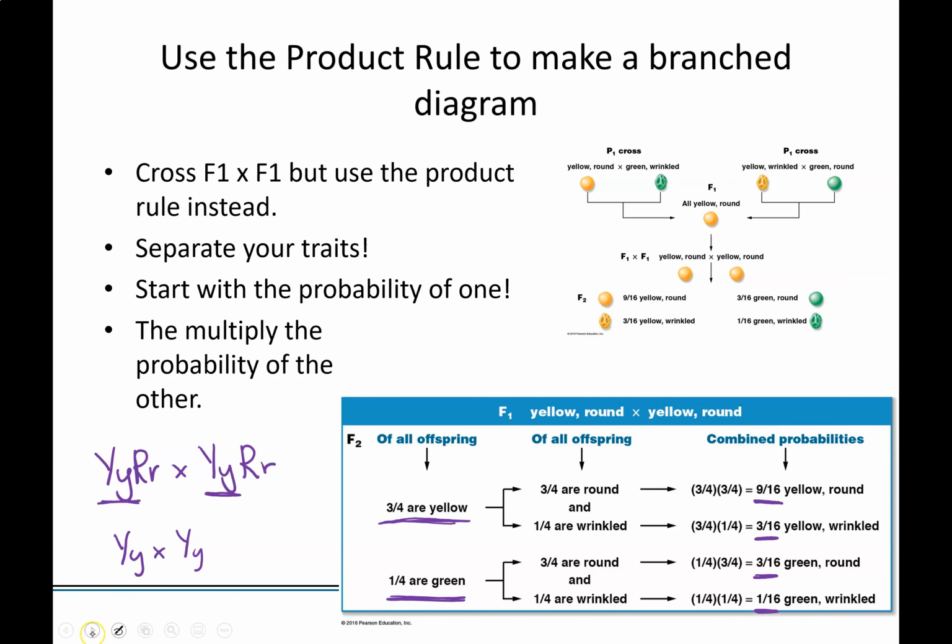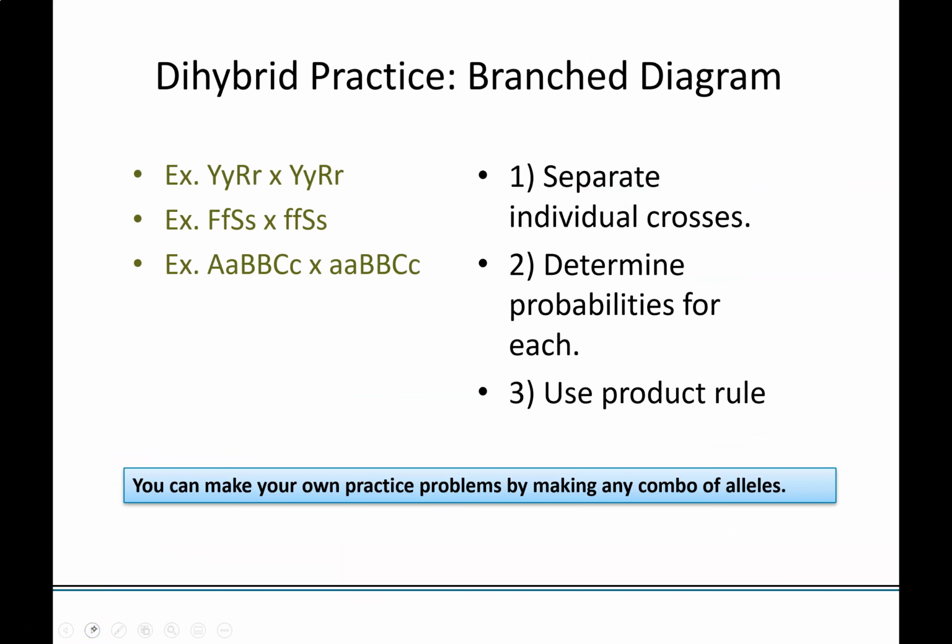So let's write this out. We'll do an example. We'll do a couple of examples. I would suggest that you practice these and your Punnett square diagrams. And you can do this by making up any combinations that you want of these dihybrid crosses.